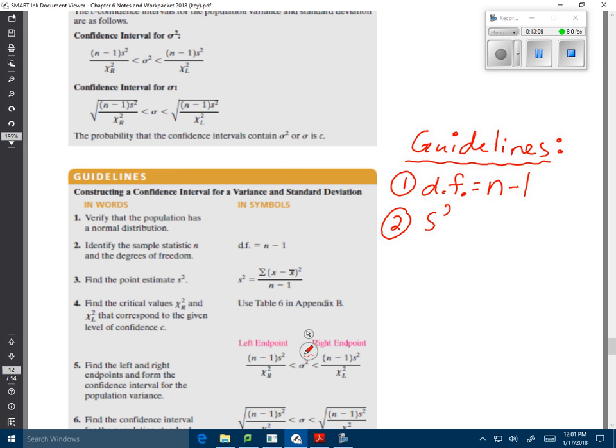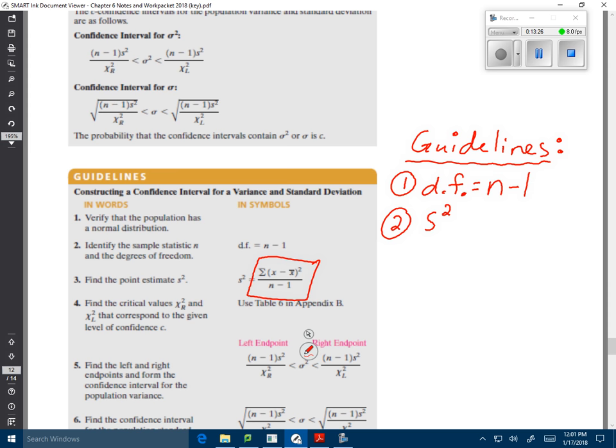If you want to write down the formula in your formula sheet, you can, but do you really need it? No. You're either going to be given it, or you can use your calculator to find it.